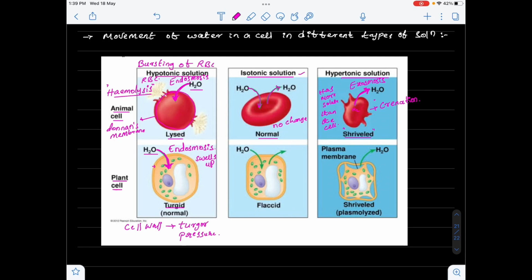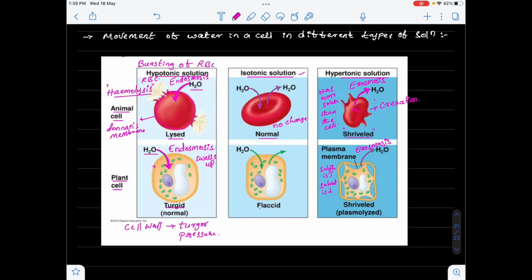But when the plant cell is placed in hypertonic solution, in the external solution, solute is more and solvent is less. So, in such cases, we can see that there is an osmotic exit of water into the external solution, and we call this process exosmosis.